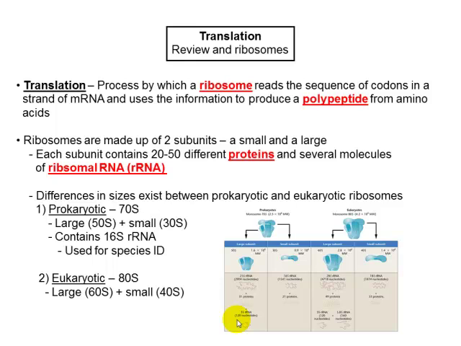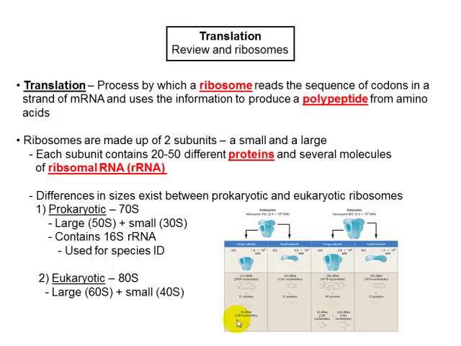I don't know why they chose to represent it this way; in my head, that does not add up. But just remember that prokaryotes have smaller subunits than the eukaryotes. It's also important to know that eukaryotes and prokaryotes have different ribosomal RNAs, which can be used for identification of some species. If you sequence the genes for the ribosomal RNAs, you can identify species based on that.